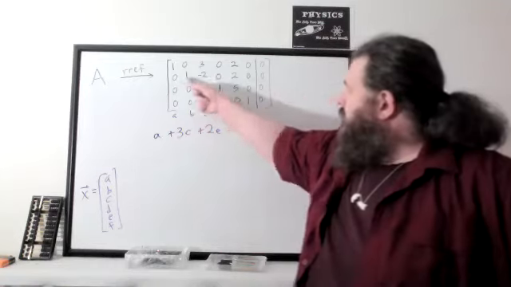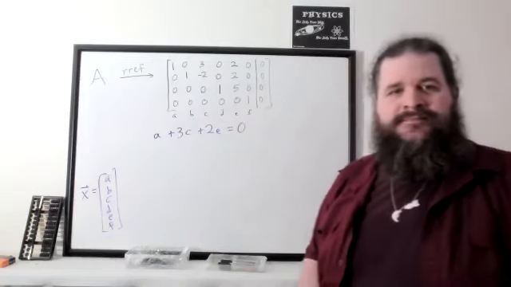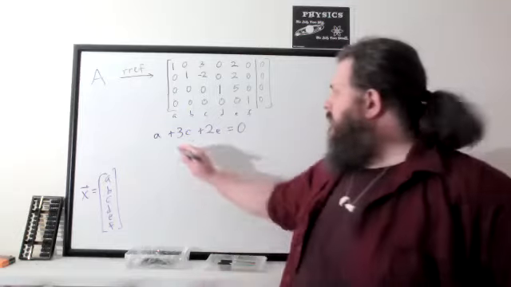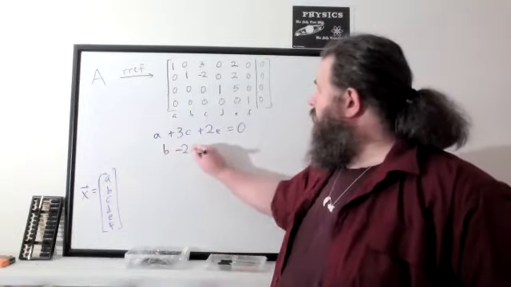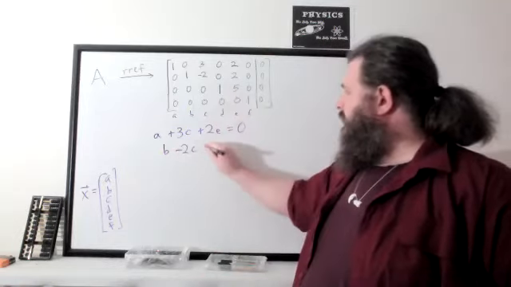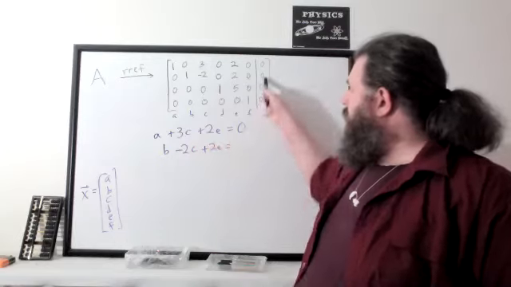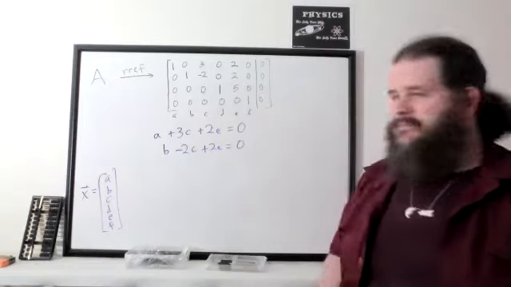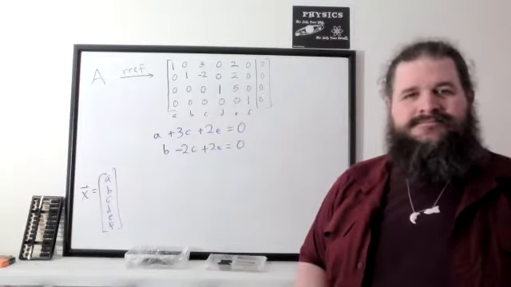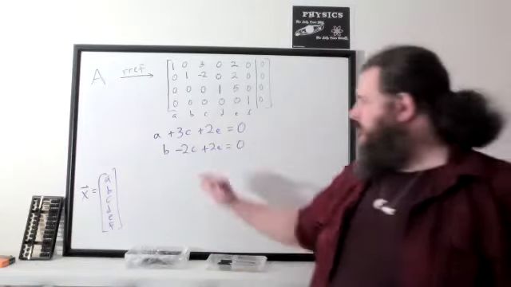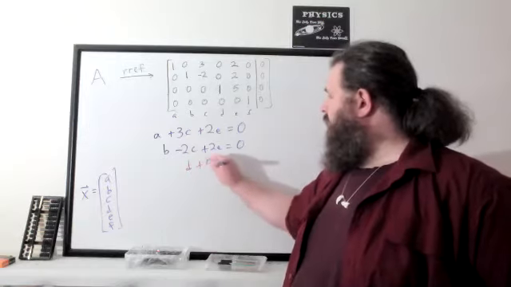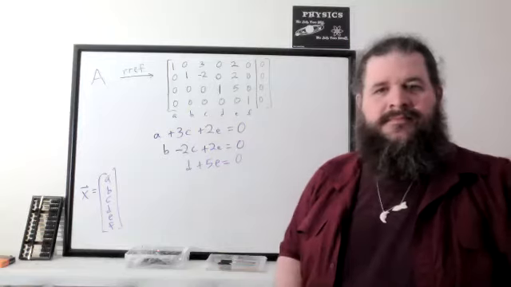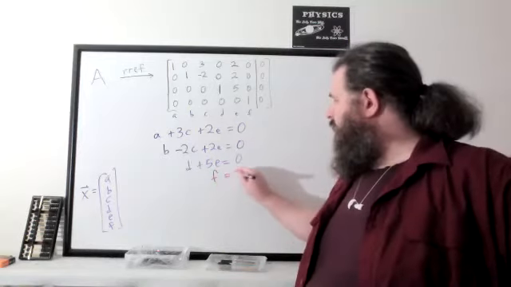And then what about the second row? Yeah, B minus 2C plus 2E equals 0. And then third row, yeah, D plus 5E equals 0. And fourth row, yeah, F equals 0.